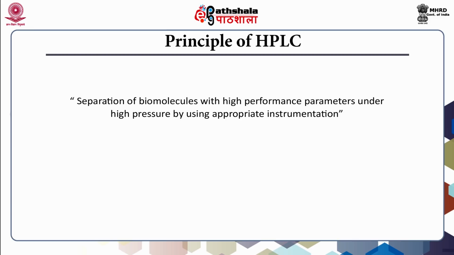So, that is why the principle of HPLC is the separation of biomolecules with high performance parameters under high pressure by using appropriate instrumentation. What we can see here is appropriate instrumentation. That means HPLC needs special instruments with special characteristics. Let us see what are the HPLC instrumentations or components in the next slide.